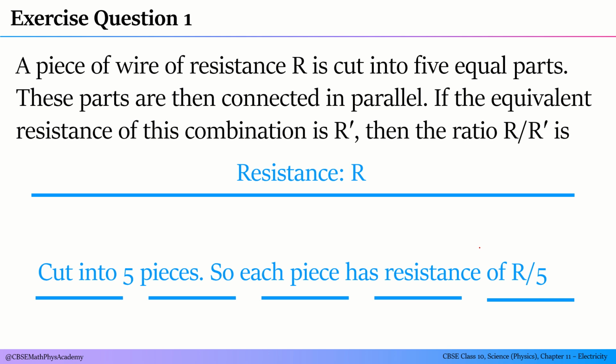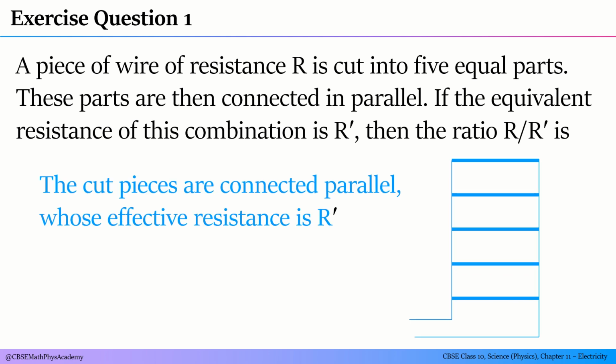Now it is cut into 5 parts, so L becomes 1 by 5. That's how the resistance also becomes 1 by 5 for each of those parts. Now the cut pieces are arranged in parallel and connected to the power supply, positive and negative. And they say the effective resistance of this is R dash.